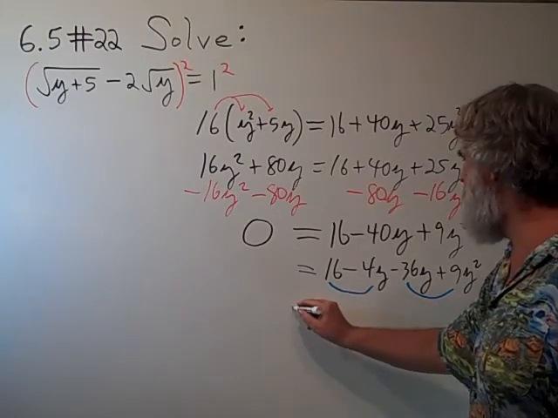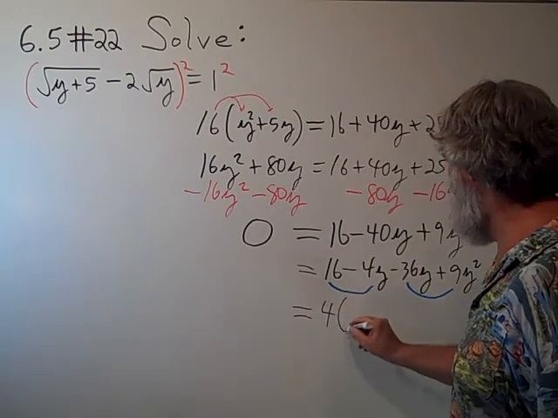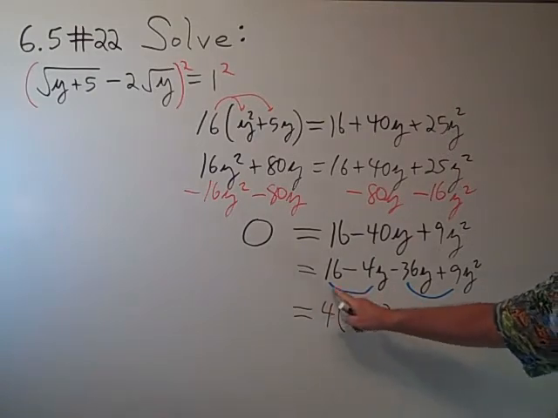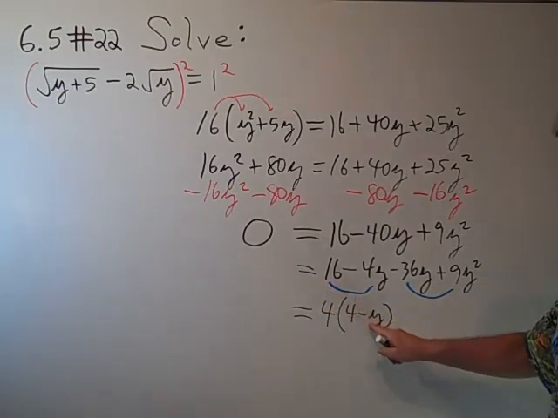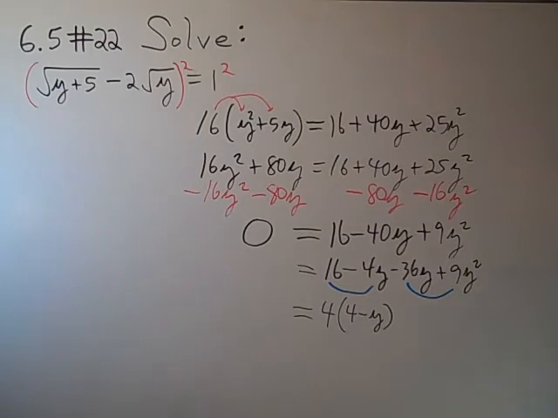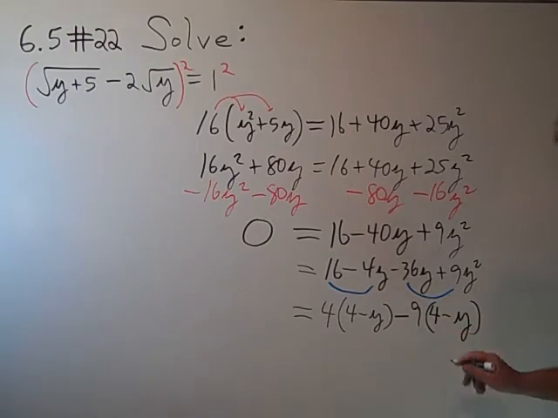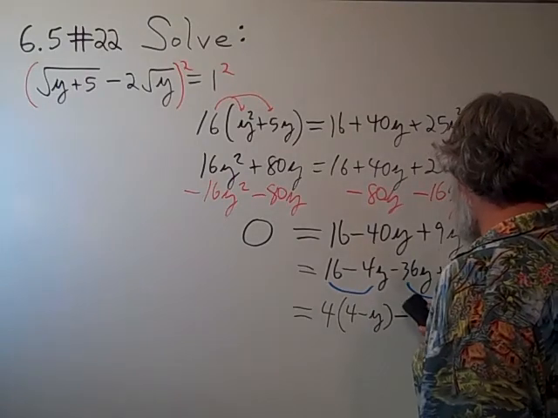So first of all, we can factor out a 4 times 4 minus y, ends up getting 4 times 4 is 16, and 4 times negative y is negative 4y. And then we know that this also has to be a 4 minus y factor over here. So it had to be factored out as negative 9, negative 9y.